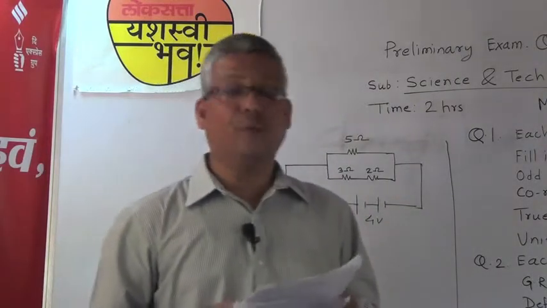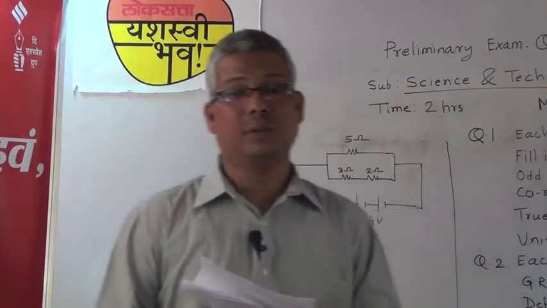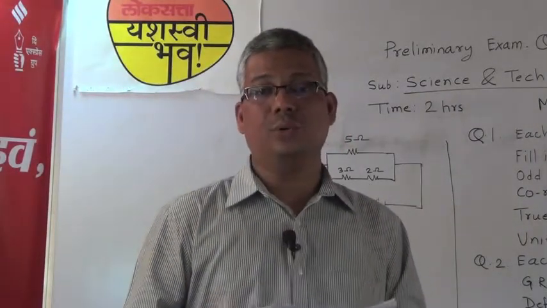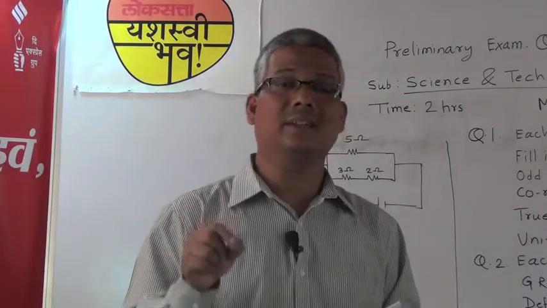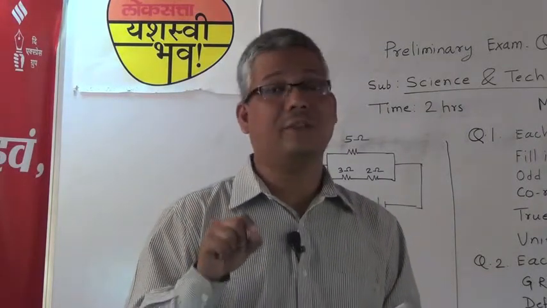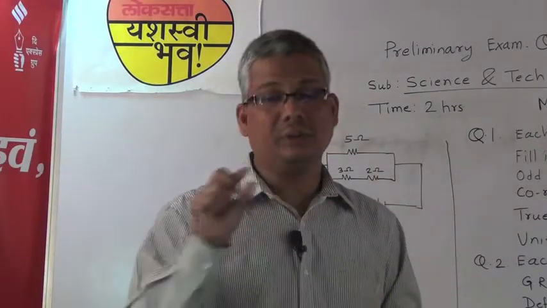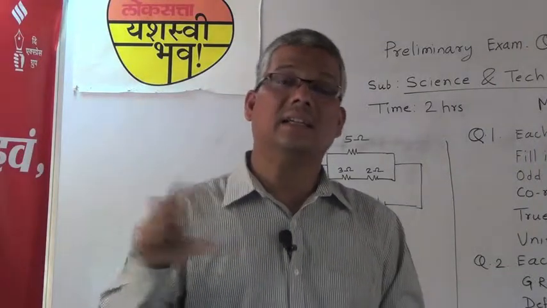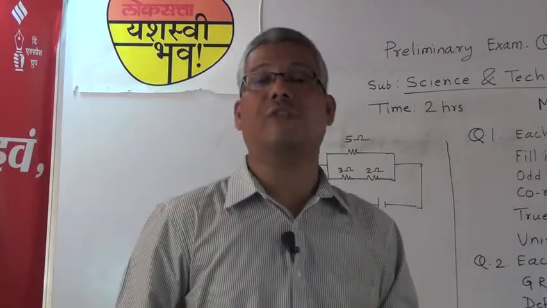Next, question number 4. With a suitable diagram, state Fleming's left-hand rule. Here there is an area of confusion. What is asked of you? Fleming's left-hand rule. Sometimes we write this rule, but instead of the left-hand rule, we write the right-hand rule and you never get the marks. So please read the question properly, write down the heading like 'Fleming's left-hand rule is stated as', then write down the proper wording and then explain that with the help of a diagram.